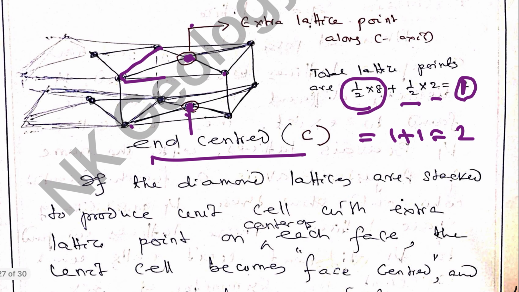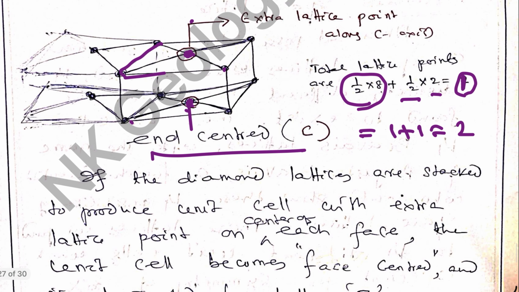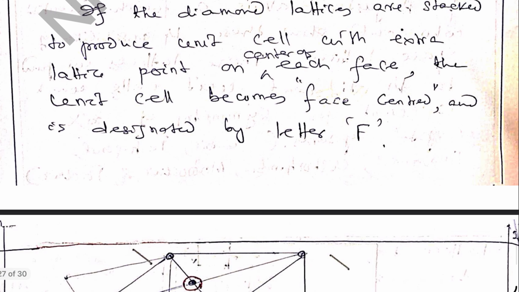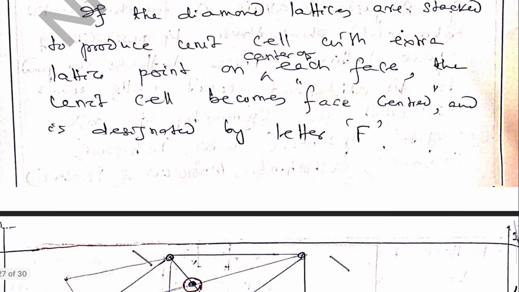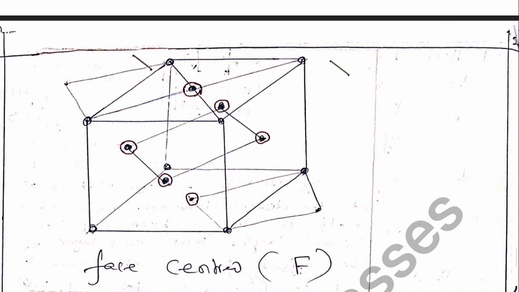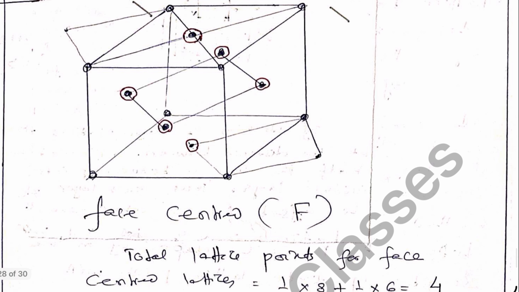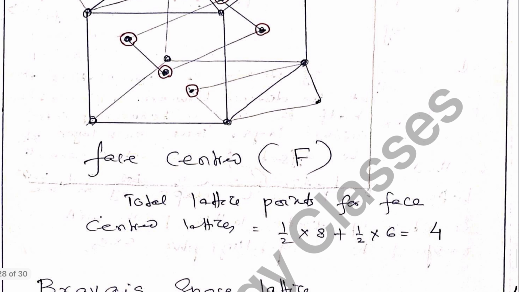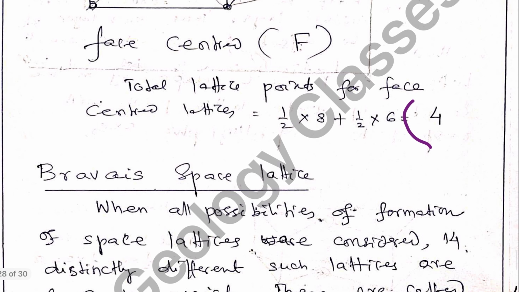For end centered 2 lattice points, for body centered 2 lattice points, for primitive 1 lattice point, and for face centered, if all the faces are taken together, the faces will have 3 lattice points and primitive will have 1 lattice point, so there will be 4 lattice points.